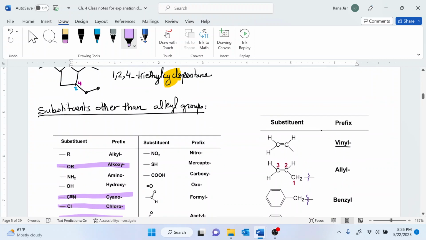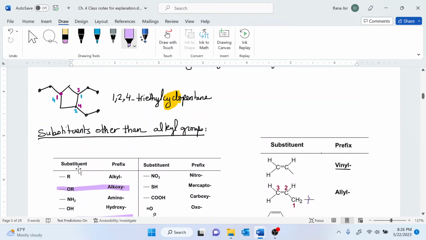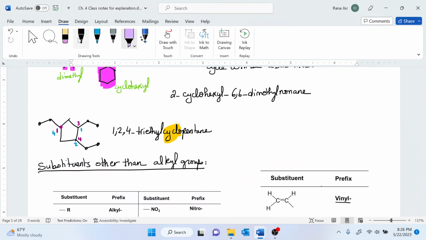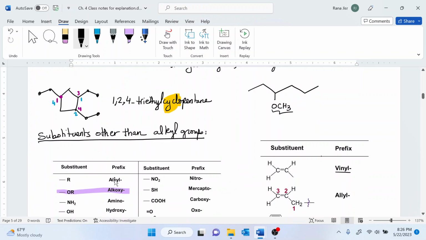If you have an OR pointing off the main chain, something like this. So if you have an alkane chain, and if you have an O and a CH3, this is the OR, okay? So in this case, you're going to name it as an alkoxy. Alkoxy means this is a 1 carbon, so it's a methoxy.